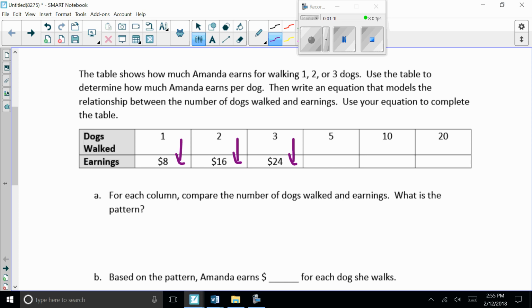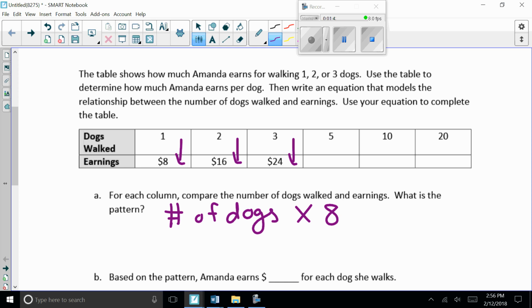We know that in order to get the earnings she is going to get, she is going to multiply the number of dogs that we have by 8.